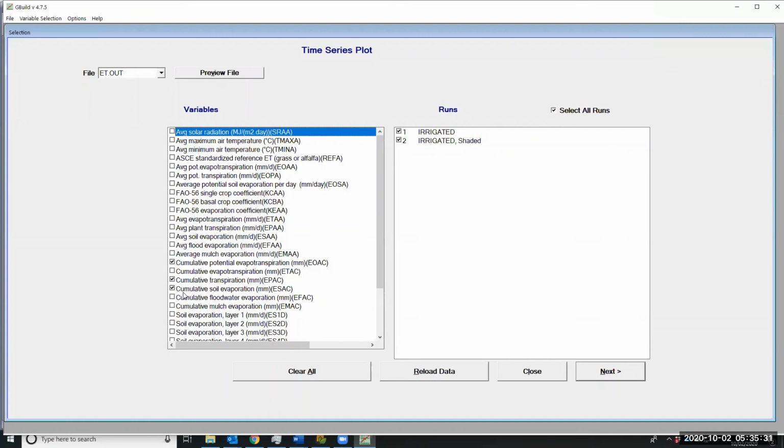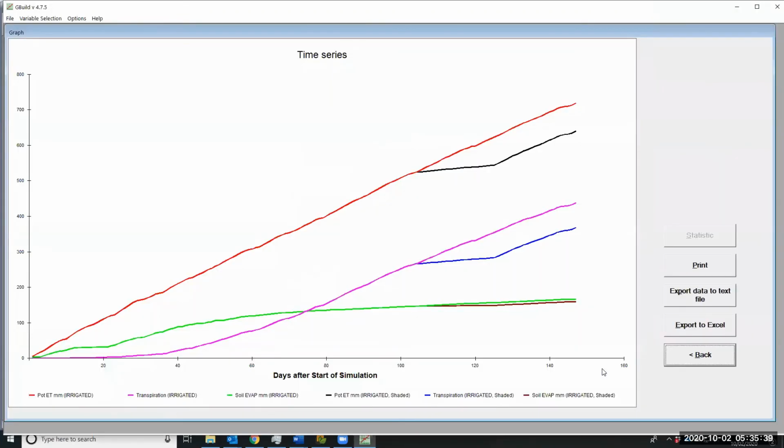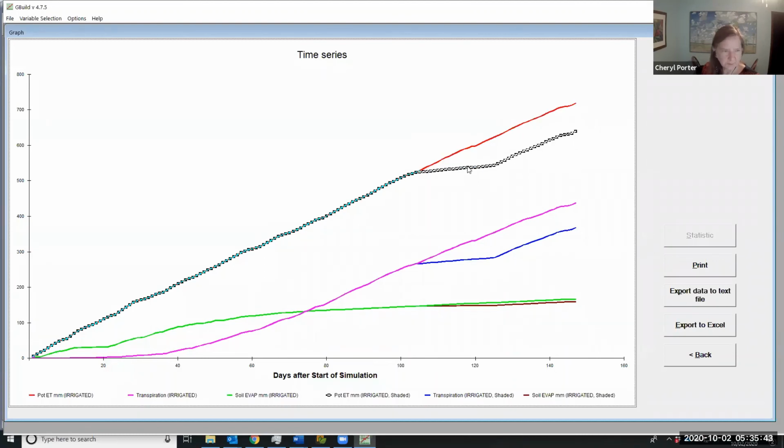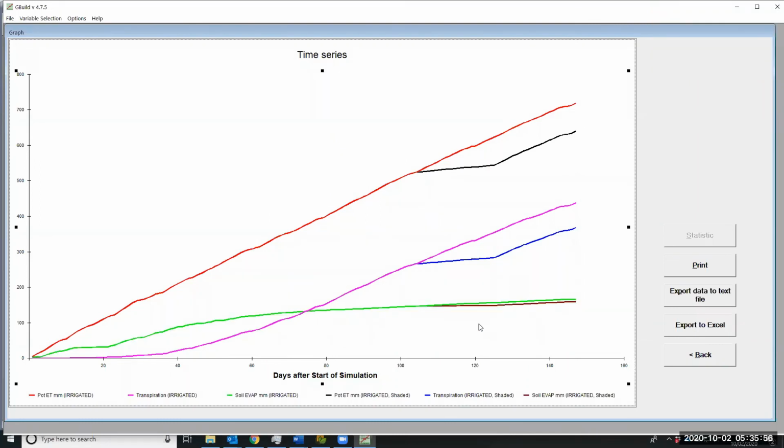И суммарная транспирация. And cumulative soil evaporation. И еще добавляем суммарное почвенное испарение. Okay, so here's the potential evapotranspiration. Here's the transpiration, and here is the soil evaporation.